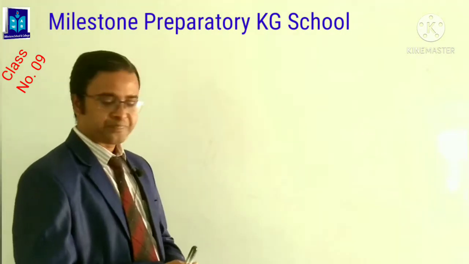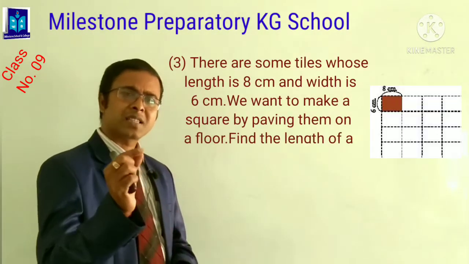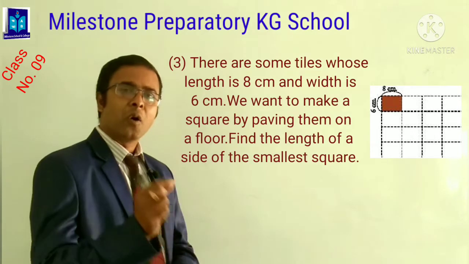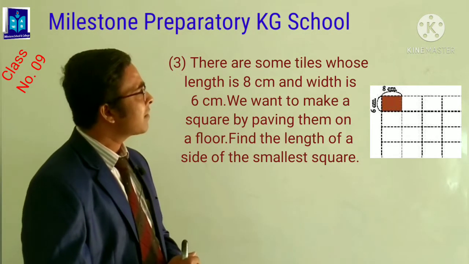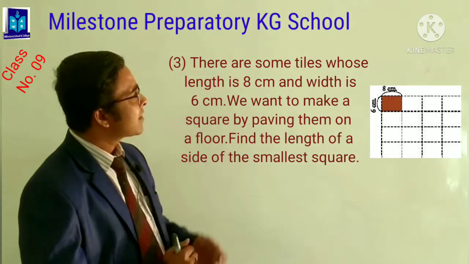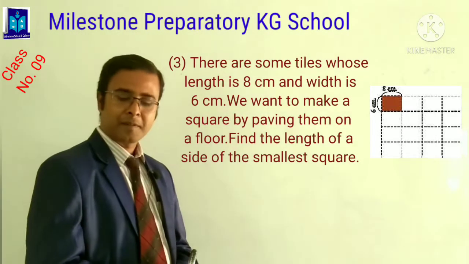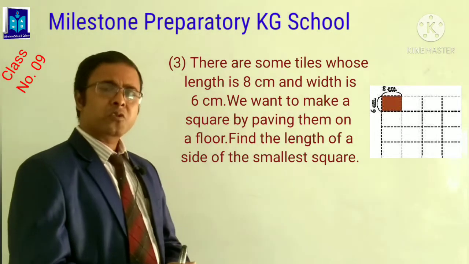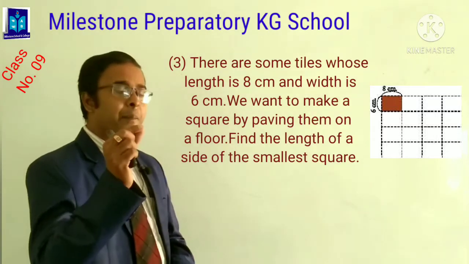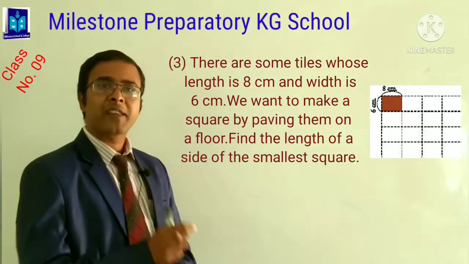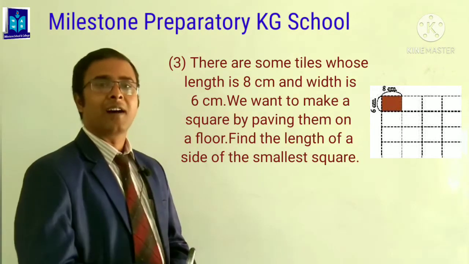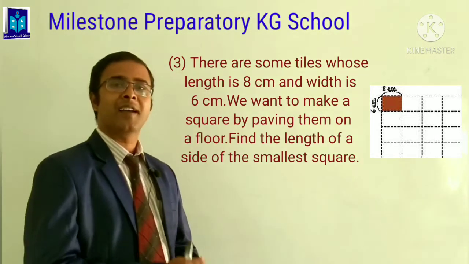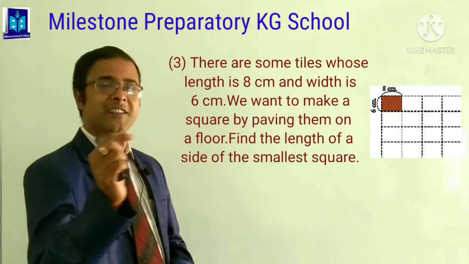There are some tiles whose length is 8 centimeter and width is 6 centimeter. We want to make a square by paving them on a floor. Find the length of a side of the smallest square.